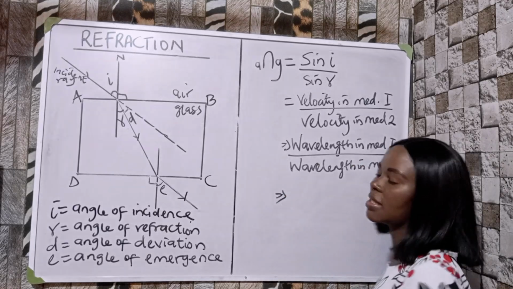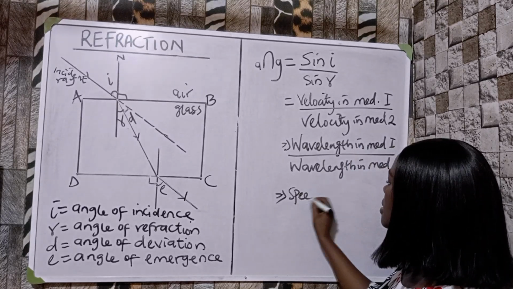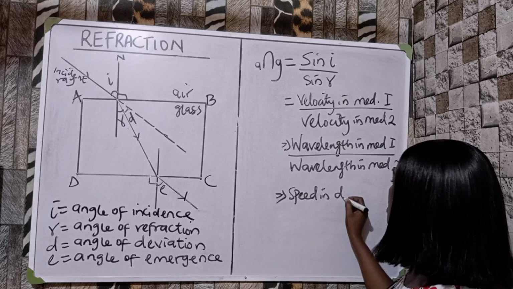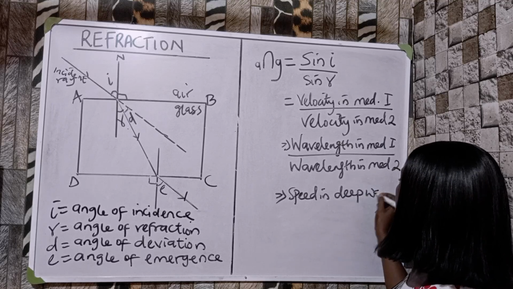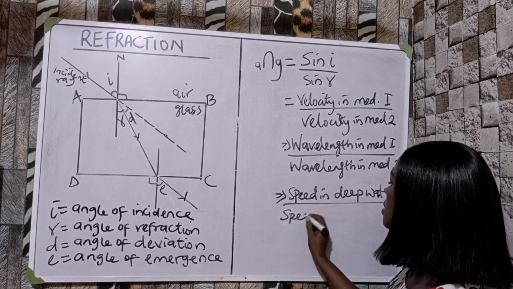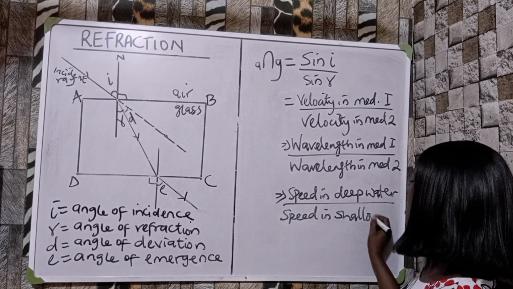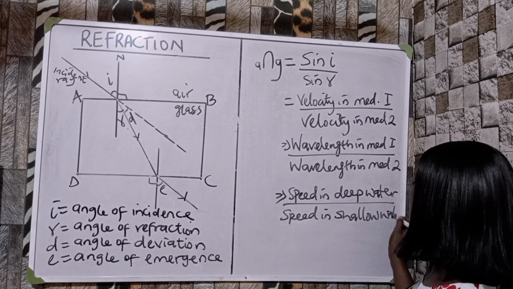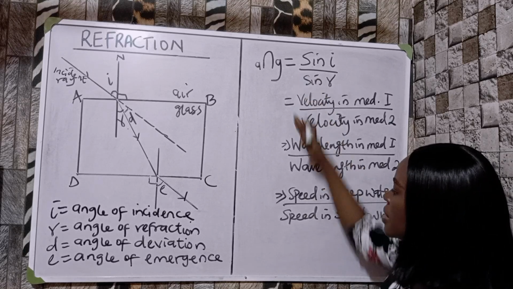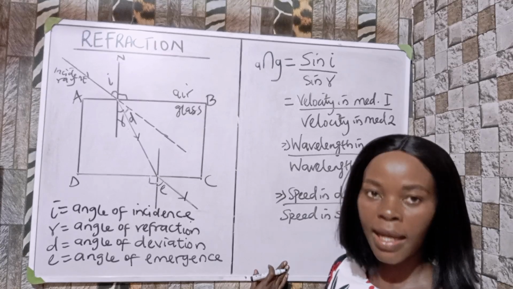We can also say that it is equal to the speed in deep water divided by speed in shallow water. So all these things are related to the refractive index of glass.